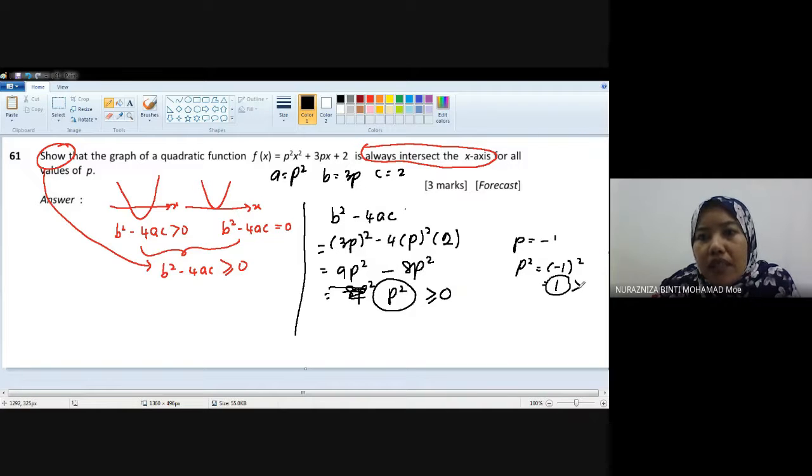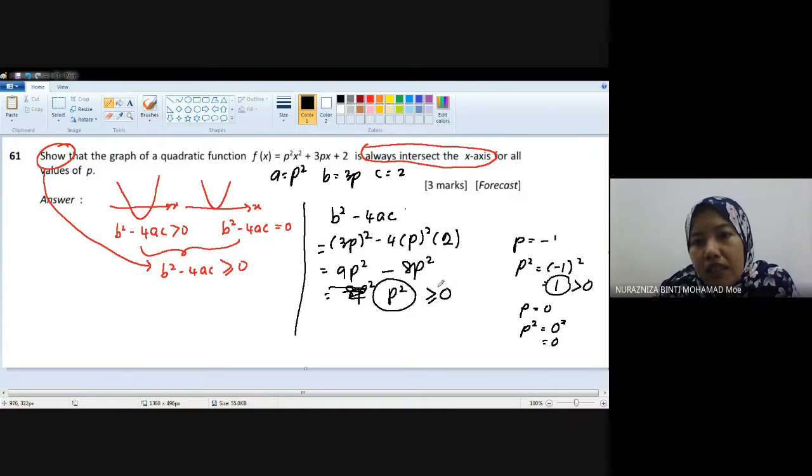Positive 1 is a positive number, it is greater than 0. If you have p equal to 0, p squared is equal to 0 squared, and 0 squared is equal to 0.